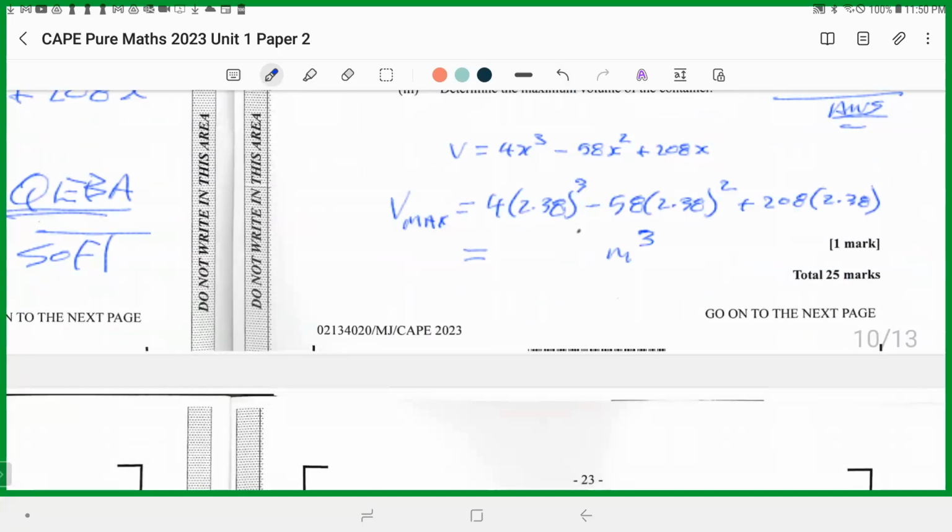So it's 4 times 2.38 raised to the power 3 minus 58 times 2.38 squared plus 208 times 2.38 equals, so within 220.4. I'm giving it to one decimal place.